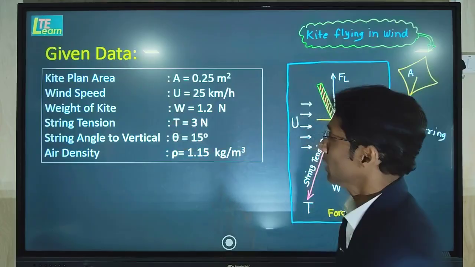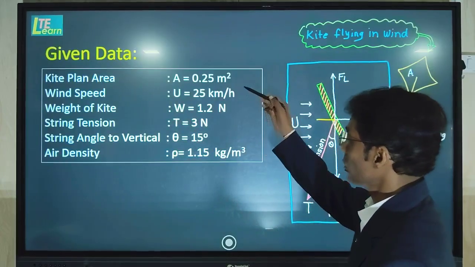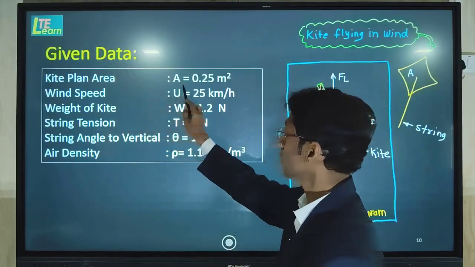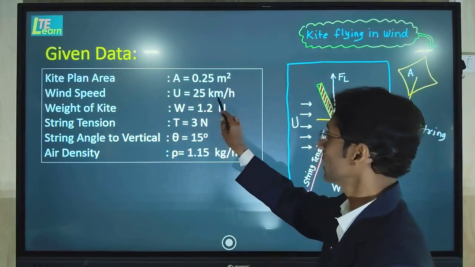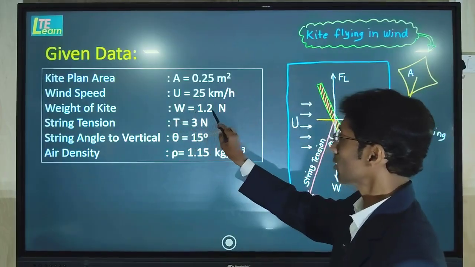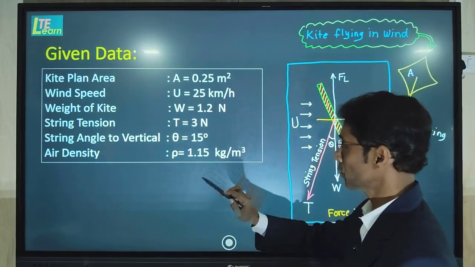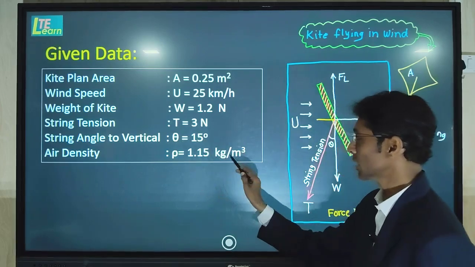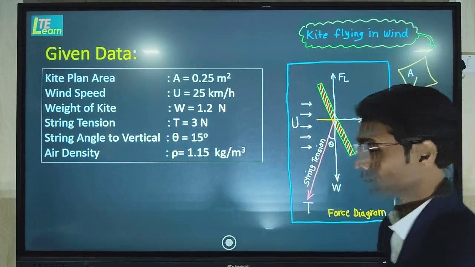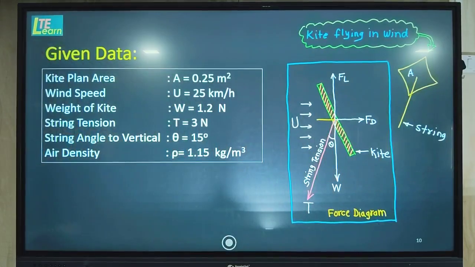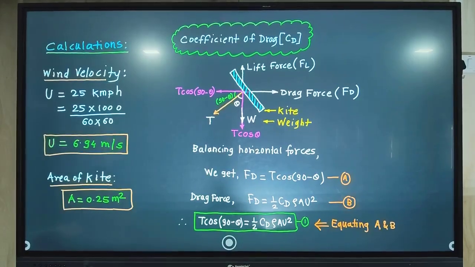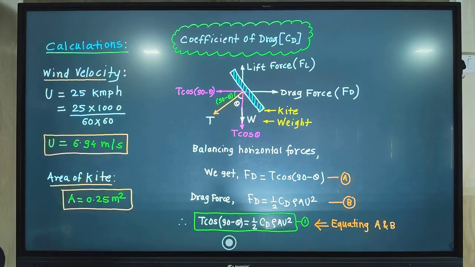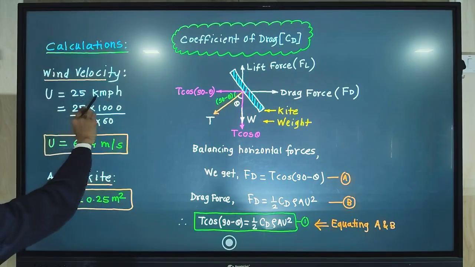From the statement, the values are mentioned over here under the title given data. So area in meter square, speed in kmph, weight of the kite in Newton, string tension in Newton, string angle to vertical in degree, and density in kg per meter cube. First, we have to calculate the wind velocity in meter per second because speed is given in kmph.